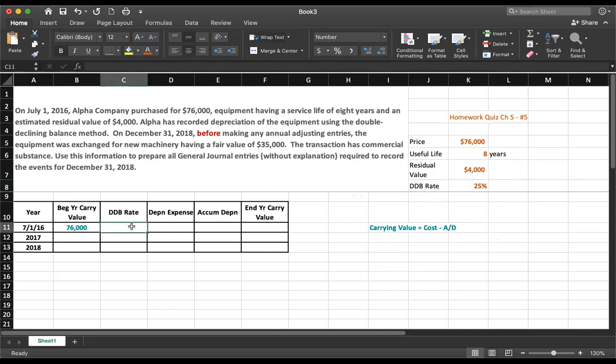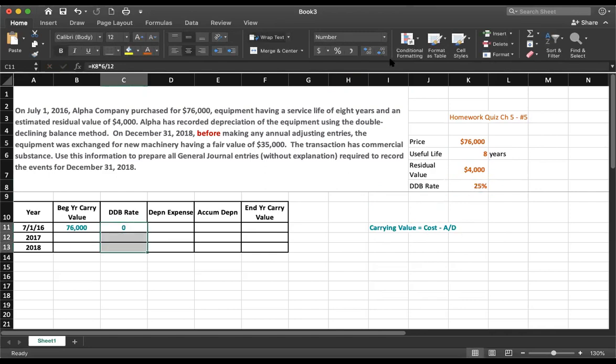I'm going to say it's equal to 25%, but they did not own it for all of 2016. They only owned it from the 1st of July till the end of December, which is 6 months. So we need to multiply this by 6 out of 12.